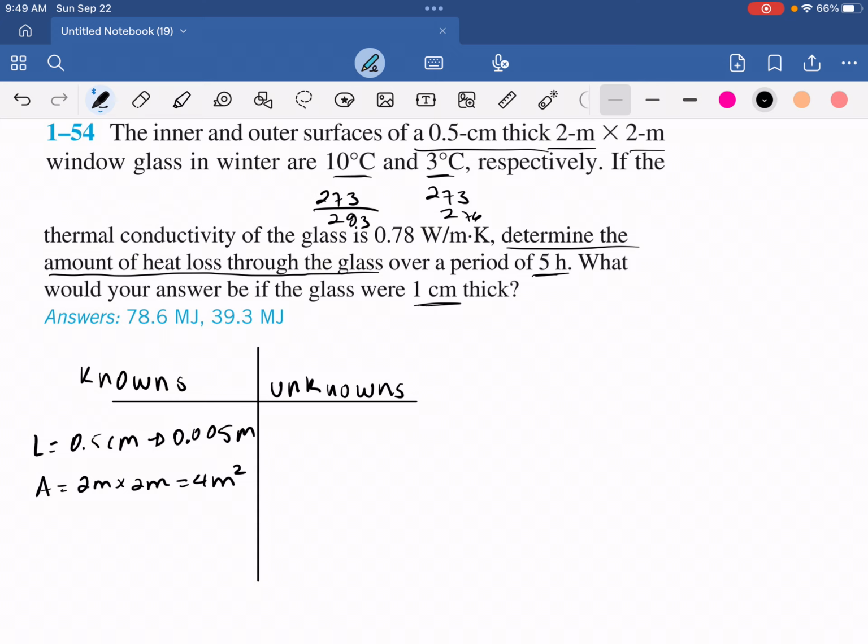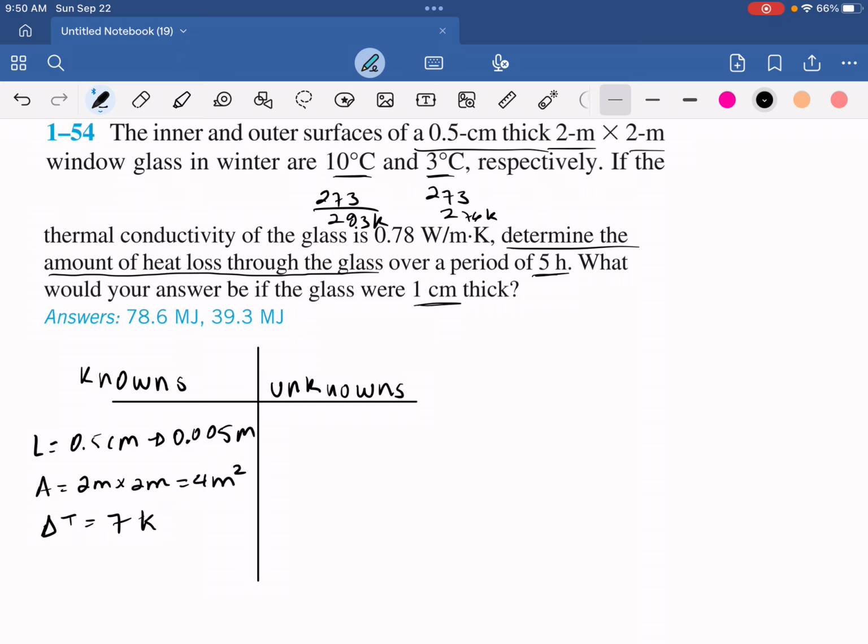You subtract them and you still get the 7 kelvins, right? So 283 minus 276, you get 7 kelvins. Okay, so this would essentially be in kelvins. So my delta T, I am just going to put it as 7 kelvins.